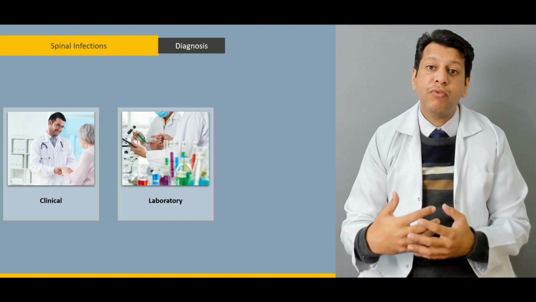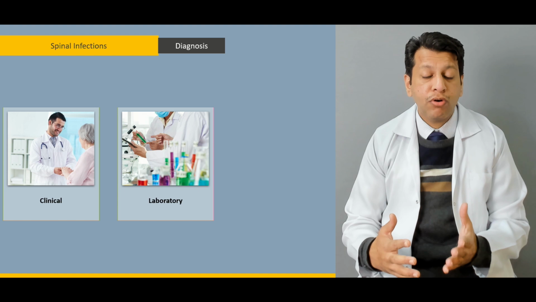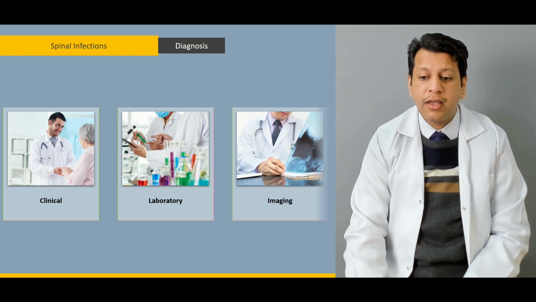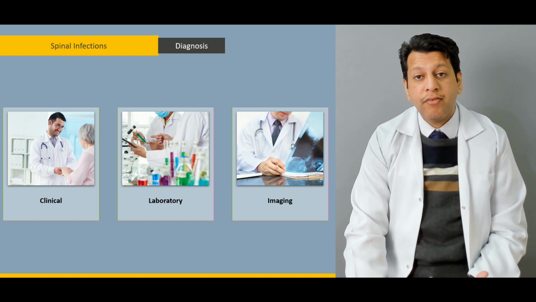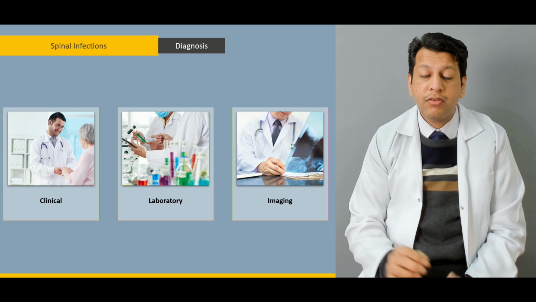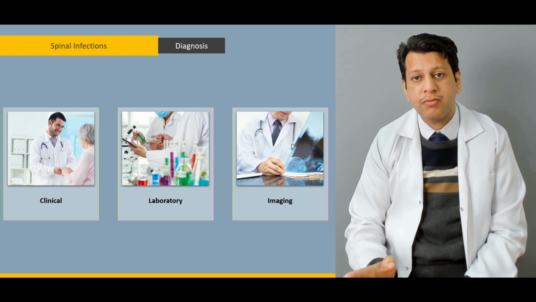Therefore, we may have to go for some form of MRI as well, so that we can rule out whether there is any underlying abscess formation or not. And once that is done, we need to get cultures as well, because if we have identified the offending organism, then we can start the antibiotics according to the culture and sensitivity.